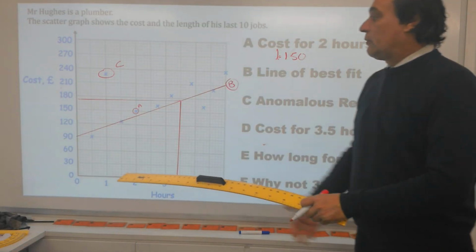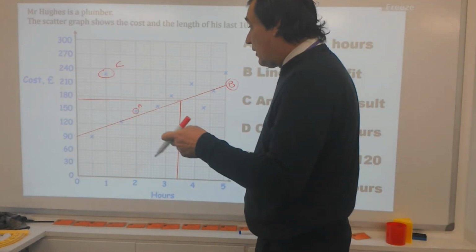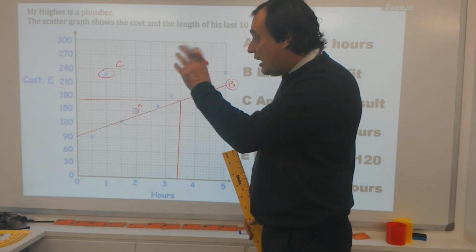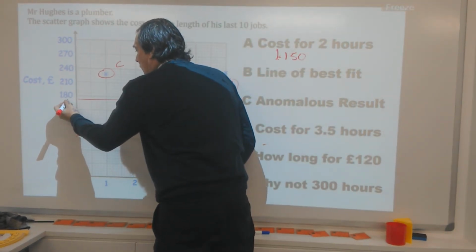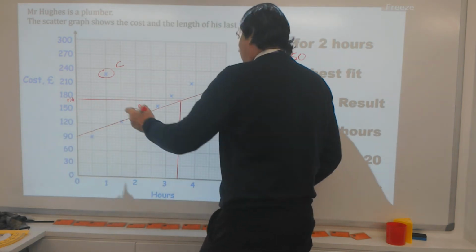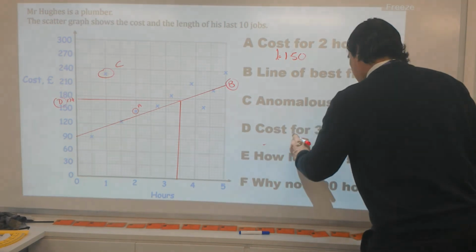Now, if you notice, between 150 and 180 there are 5 squares. That means 180 to 150 is 30. That means every square is worth 6. So that will be about 174. So that would be our D then, £174.